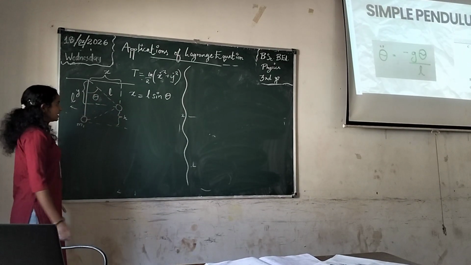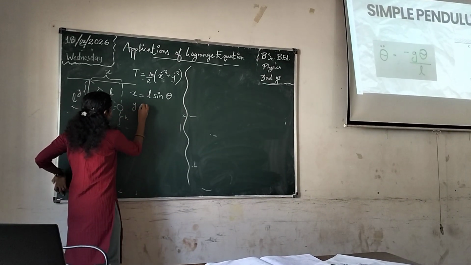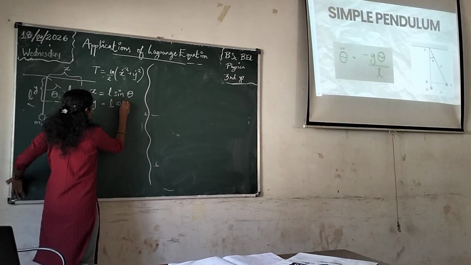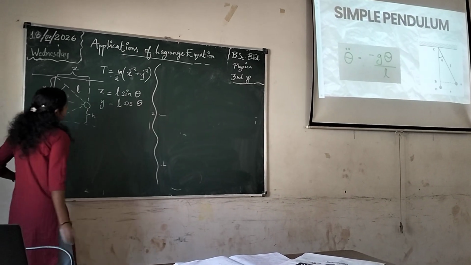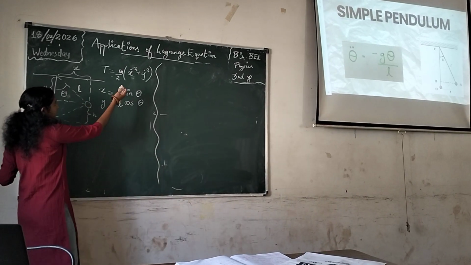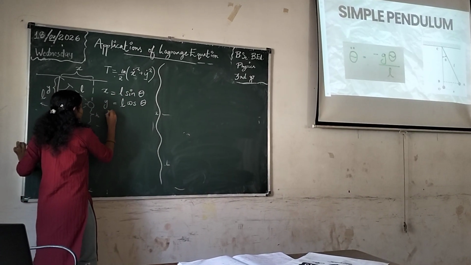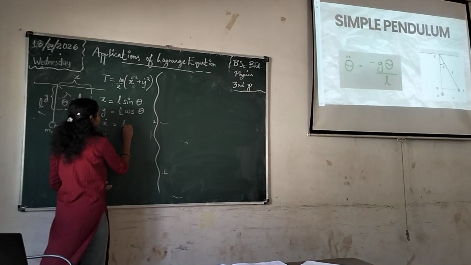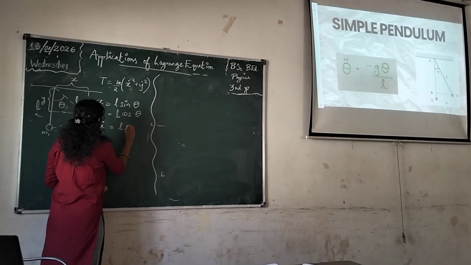Similarly, what will be y? Yes, it is L cos theta. Then we have to find x dot and y dot. So x dot will be L cos theta theta dot.